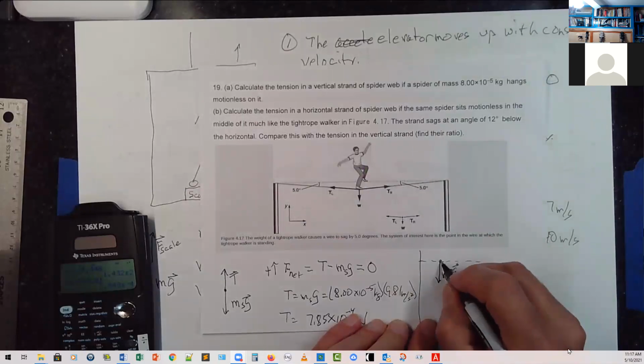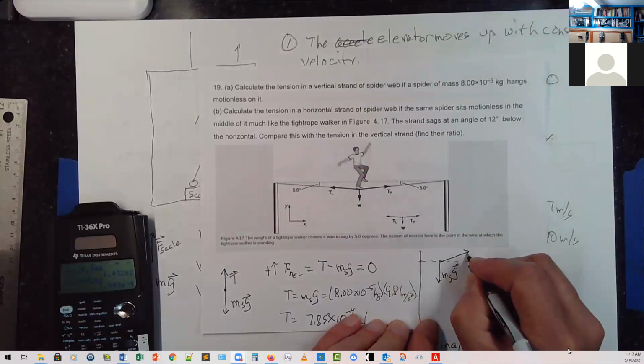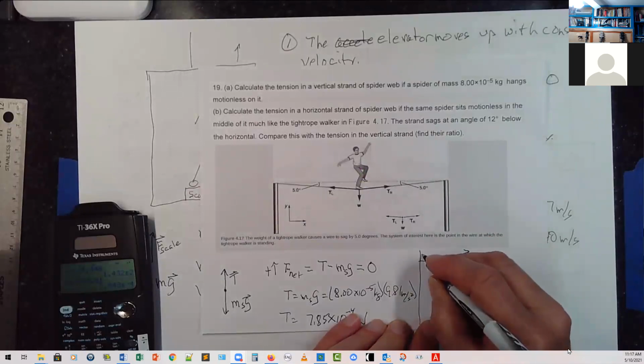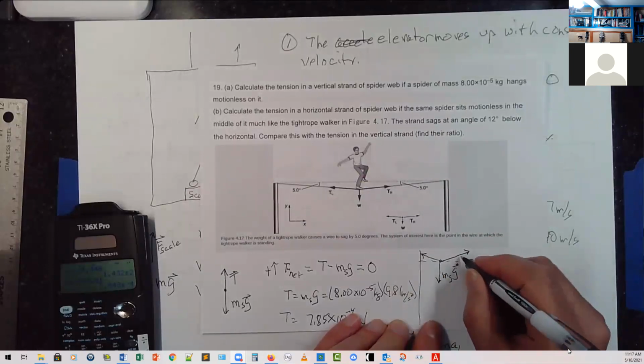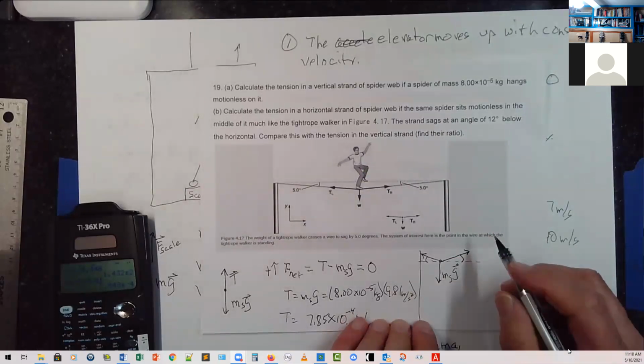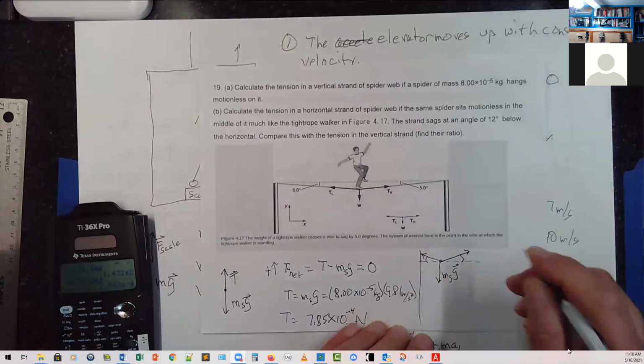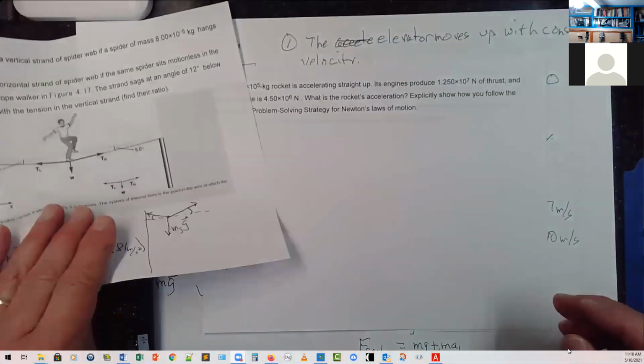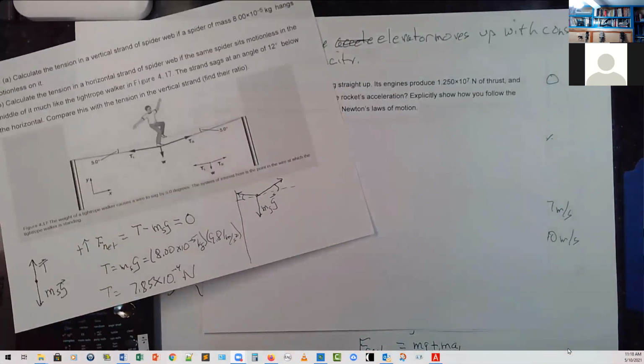But now the spider web is going like this. I've got one part going in this direction and one part going in this direction, and on both sides there is a 12-degree angle. I need to start a new piece of paper for this. This is complicated.